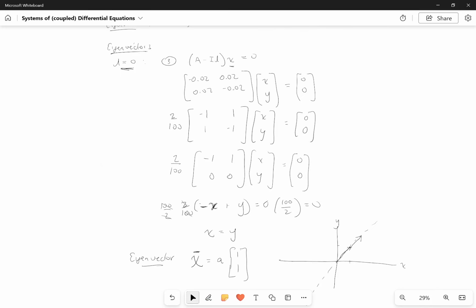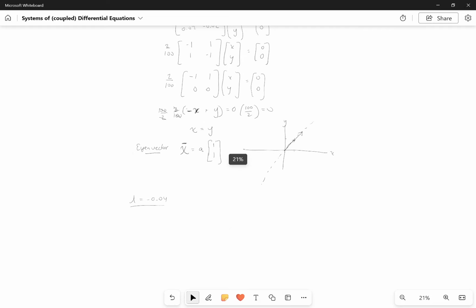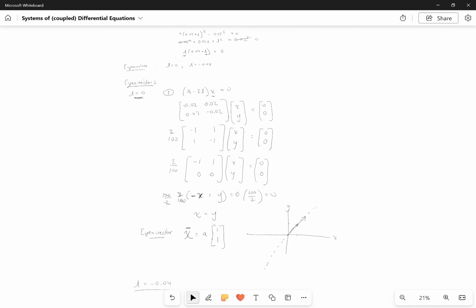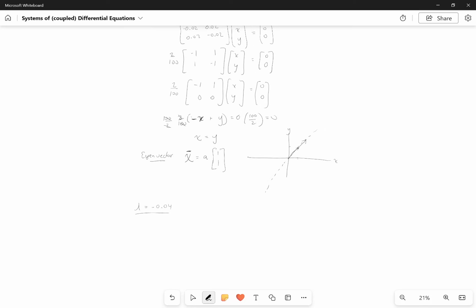Same as we did before, we've got to do the other eigenvalues. So we need to check for when lambda equals negative 0.04. And how does that change the equation A minus I lambda? Well, A was negative 0.02.